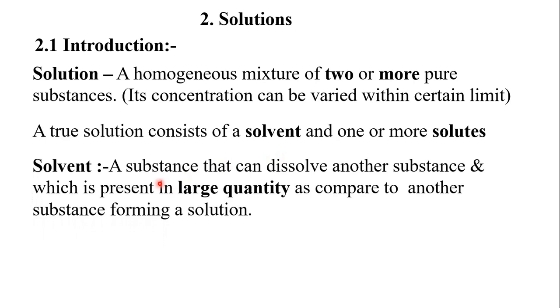Solvent is a substance or component that can dissolve the solute, the component of solution which is present in a large quantity as compared to the solute. Then it is called what? Solvent, which has the capability to dissolve the solute.